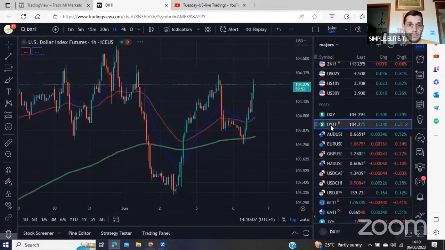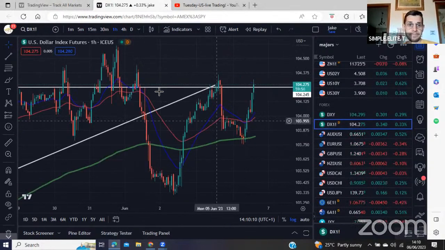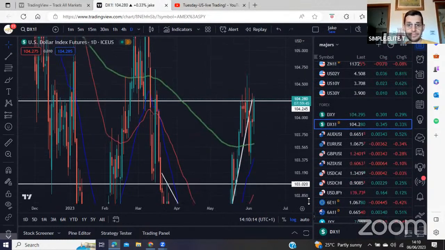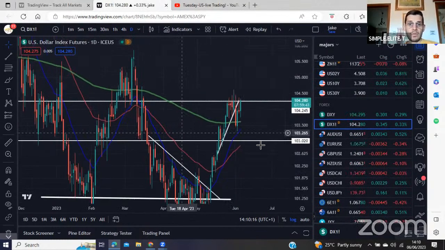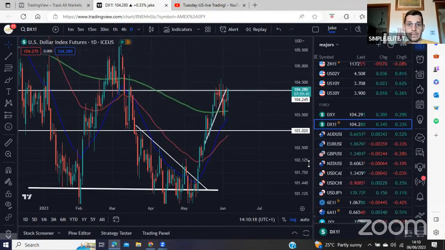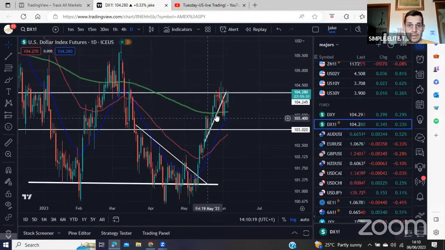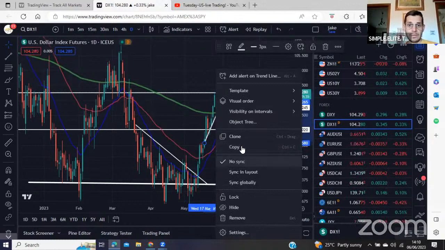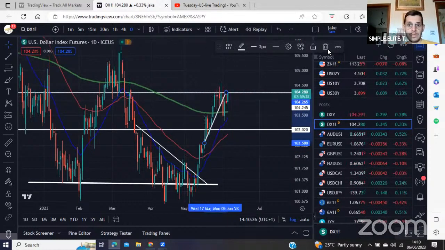Let me make this the futures dollar index. Daily time frame, we are still in a nice uptrend. Let me clear this. Okay, delete.